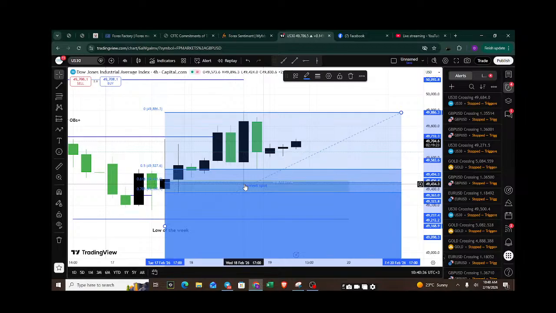So my anticipation is that price is going to come and take out those lows, and the action of taking out those lows is called engineering liquidity. So I'm anticipating that price is going to come and engineer liquidity at these levels. So it may even leave a wick here.